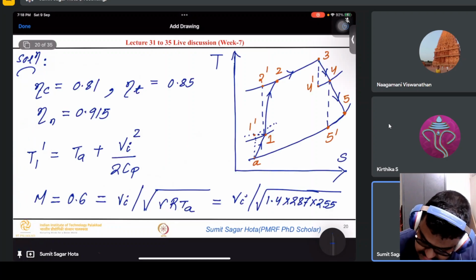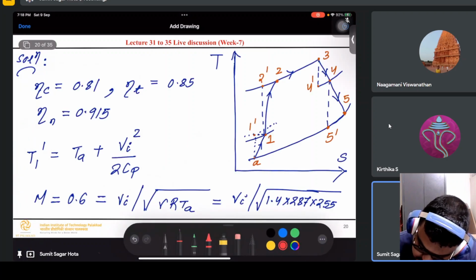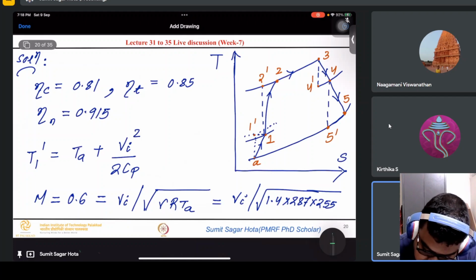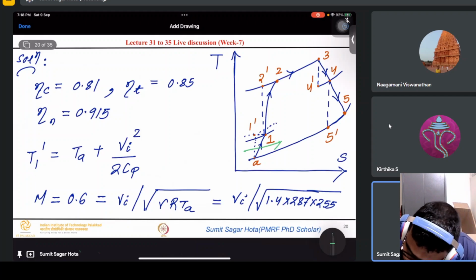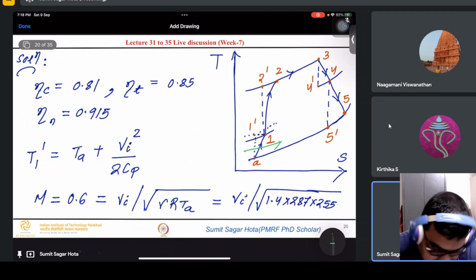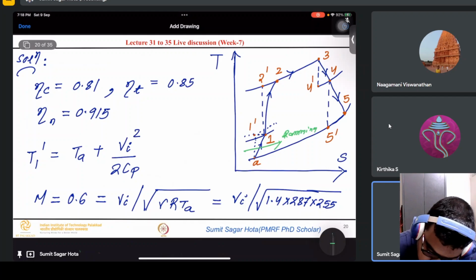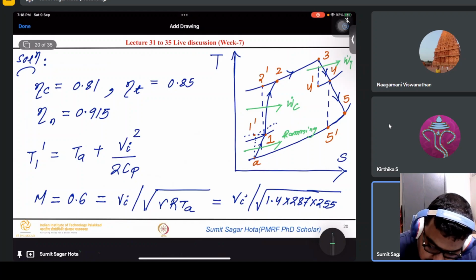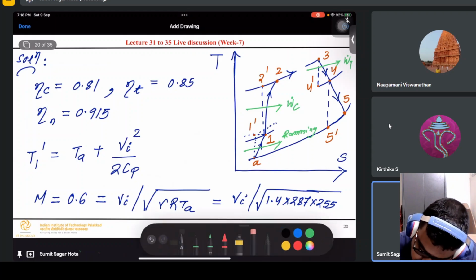So you see, I can show you here: ramming, here WC, here WT. Here it will be confusing.